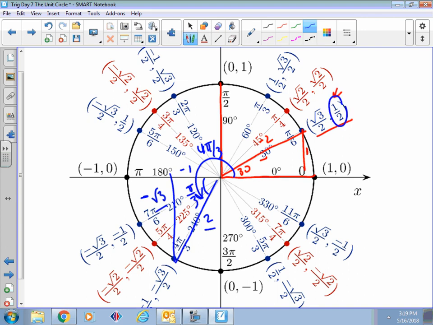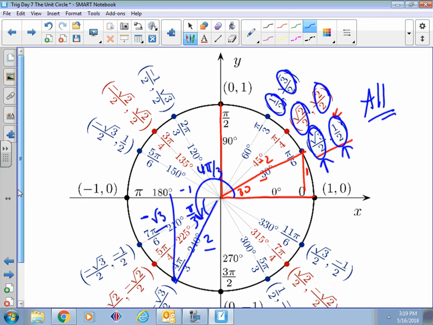Look at all of these y-coordinates here. Positive, positive, positive, positive. Look at all the x-coordinates here. Positive, positive, positive, positive. All of them are positive in the first quadrant. When I take each of these y-coordinates and divide them by the x-coordinate to come up with the tangent, it's still going to be a positive ratio. In the second quadrant, look at all the cosines.